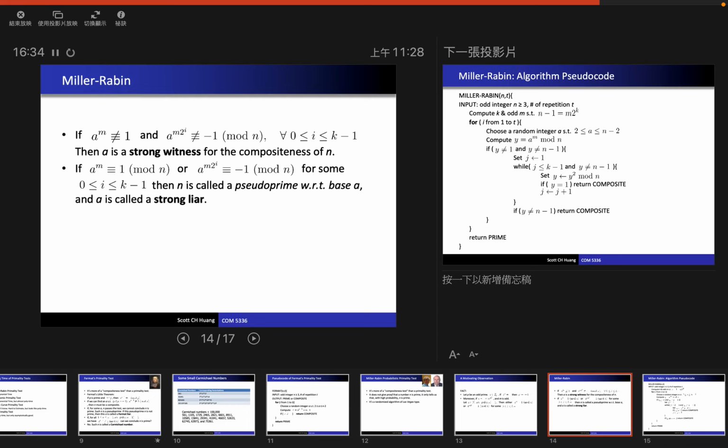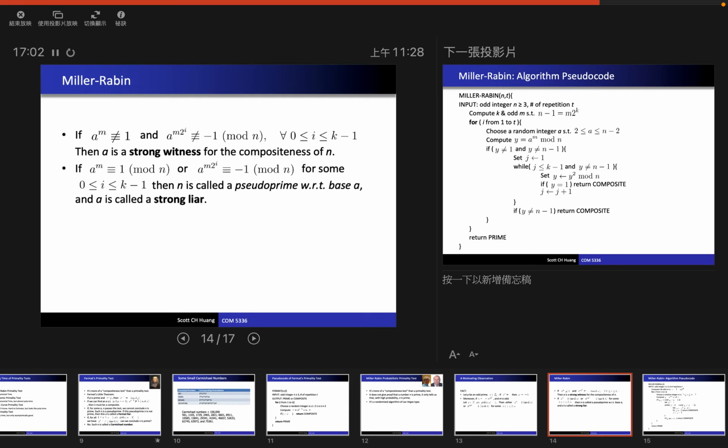Similarly, we also have a special term, the same as Fermat's liar. Here we have a strong liar. A strong liar is a number that passes the Miller-Rabin test but is not prime; we call this case a strong liar.